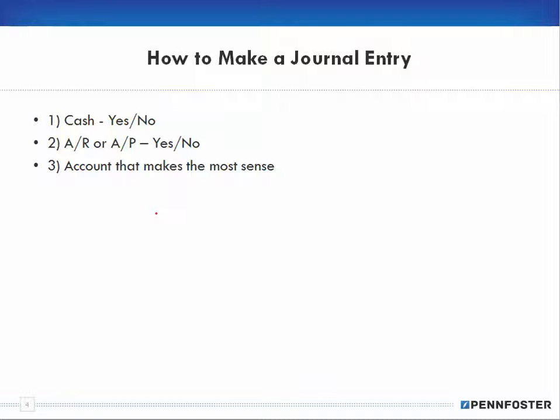But I warn you that if you do that, you're going to get yourself in trouble, because even if this transaction might be similar to something in the book, there will be a slight difference to it. That might require a different look at the transaction, different accounts. If you're copying out of the book, you're going to get it wrong because you didn't take that slight difference into consideration.